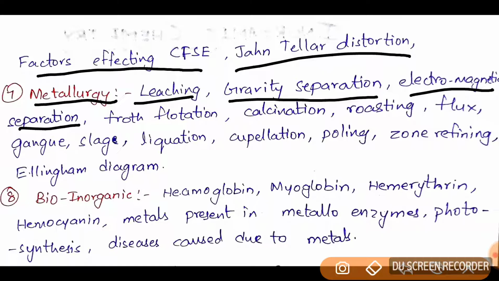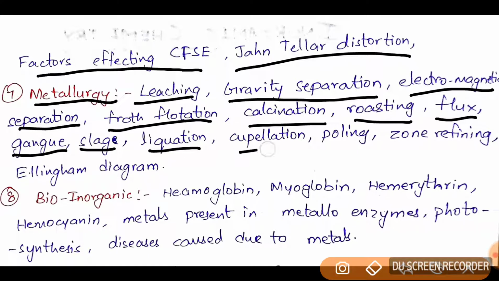So they might ask with examples, so be perfect with examples also along with these concepts. And froth flotation, calcination, roasting, flux, examples of flux, acidic flux and also basic flux, gangue, slag, liquation, cupellation, poling, zone refining, and the Ellingham diagram.